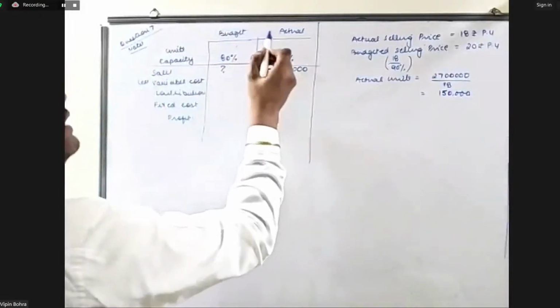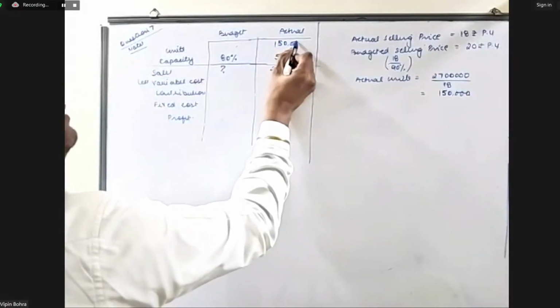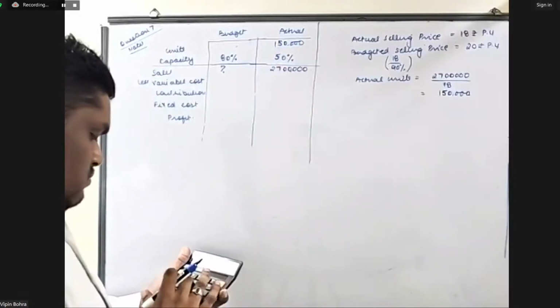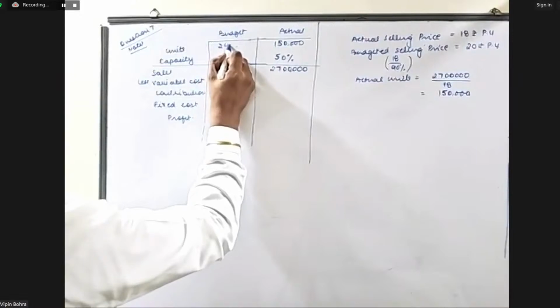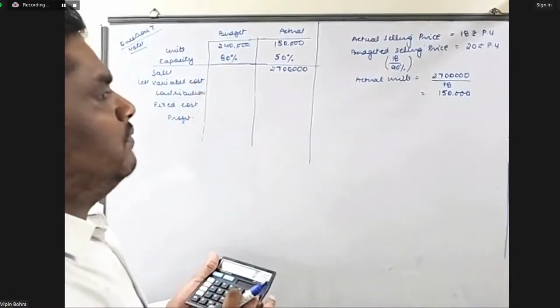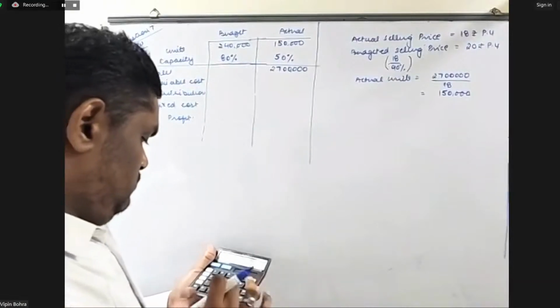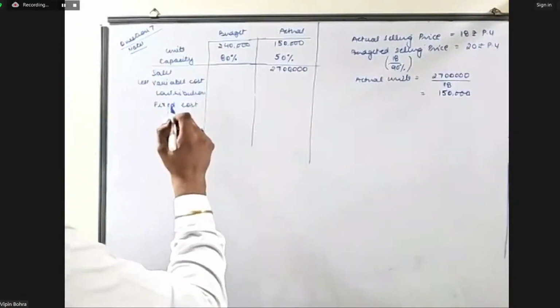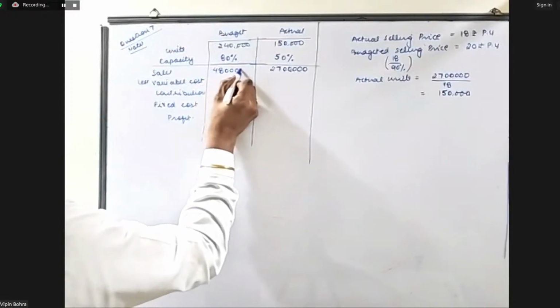The budgeted units are 2,40,000. So my budgeted sales will be 48 lakh.